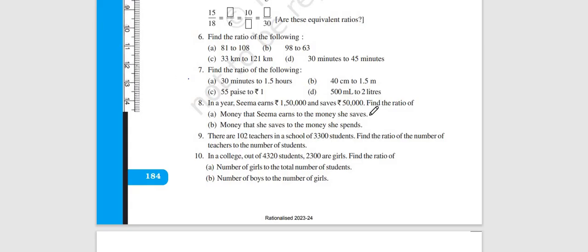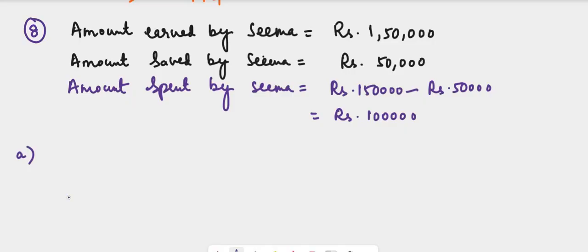Now, what is the first question? You have to calculate the ratio of money that Seema earns to the money she saves. Ratio of money earned to money saved.